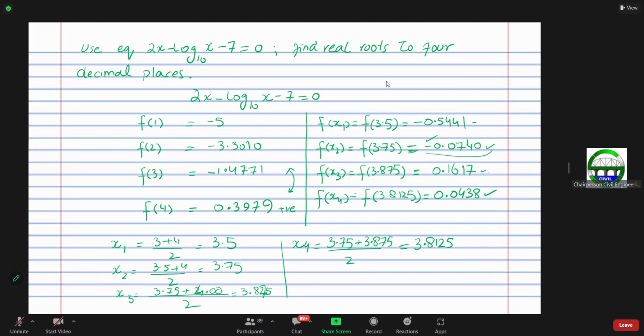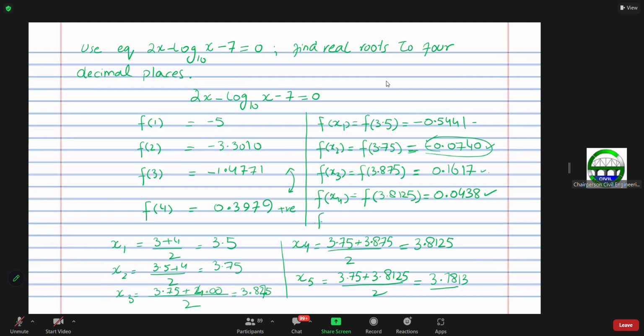So your x5 will be equal to, between 3.75 and 3.8125, 3.75 plus 3.8125 divided by 2. Please give me the value in here. 3.7813.